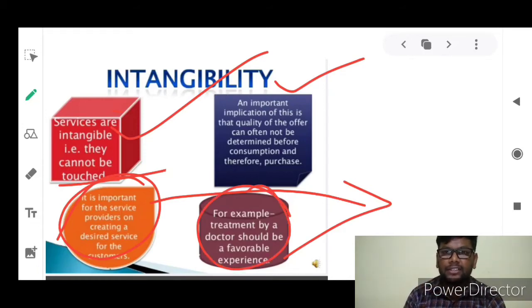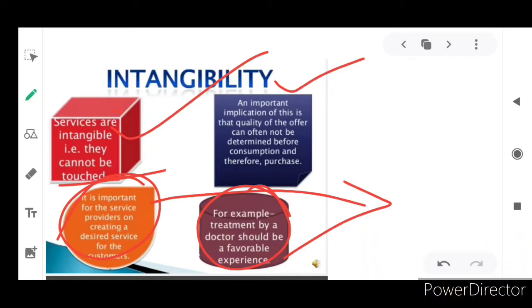So you are getting treatment from the doctor. In return for the treatment, you are giving treatment fees, doctor fees for hospitality, isn't it? But you enjoyed it. Your disease is getting cured, isn't it? That service is provided by the doctor. So an important implication of this is that the quality of the offer can often not be determined before consumption and therefore purchase.